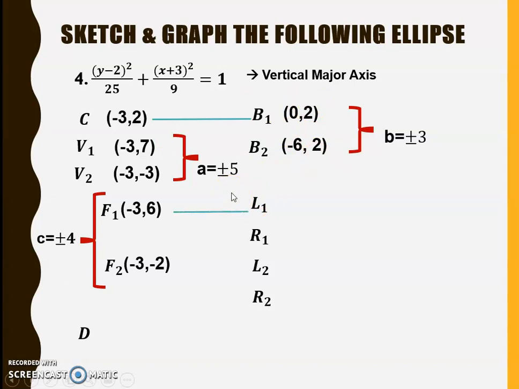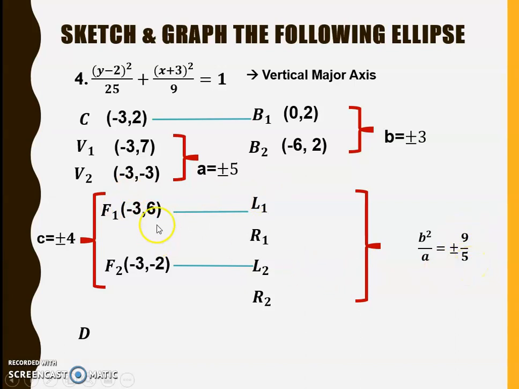How about the latus rectum? Latus rectum equal to b squared over a. This will be changes in x, so all you need to do is copy all the x's for the latus rectum. So this will be b squared over a, so 9 over 5. Therefore, you have changes in x's: negative 3 plus 9 over 5.